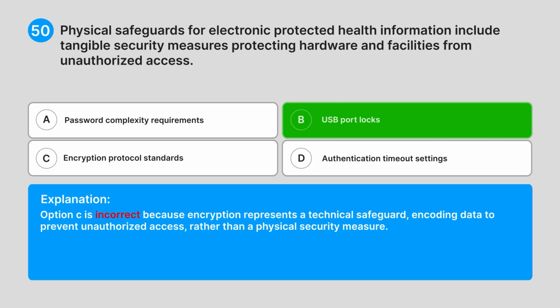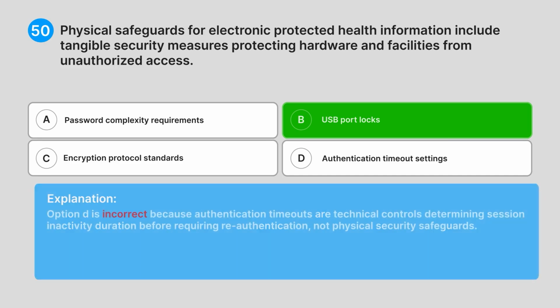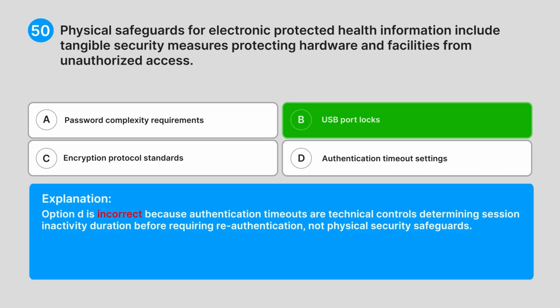Option C is incorrect because encryption represents a technical safeguard, encoding data to prevent unauthorized access, rather than a physical security measure. Option D is incorrect because authentication timeouts are technical controls determining session inactivity duration before requiring reauthentication, not physical security safeguards.